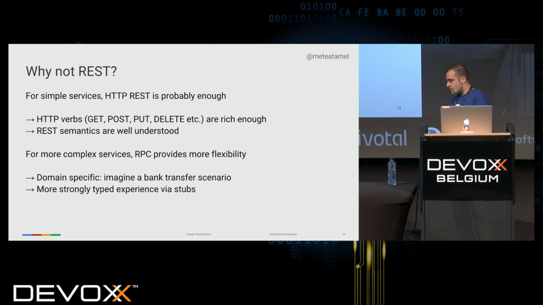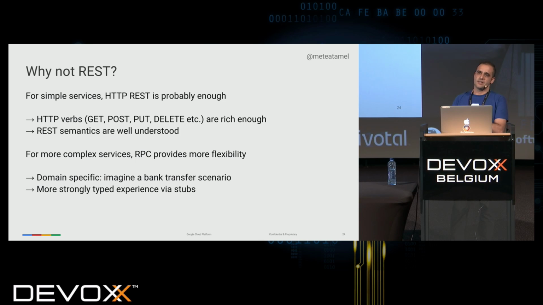But when you think of complex scenarios, imagine you want to do a bank transfer. You want to transfer money from one bank account to another bank account. If you want to do that with REST, you can probably do it, but you'll probably need multiple REST HTTP requests, and the client has to worry about making these HTTP requests and making sure that they succeed. There's lots of details there that the client shouldn't care about.